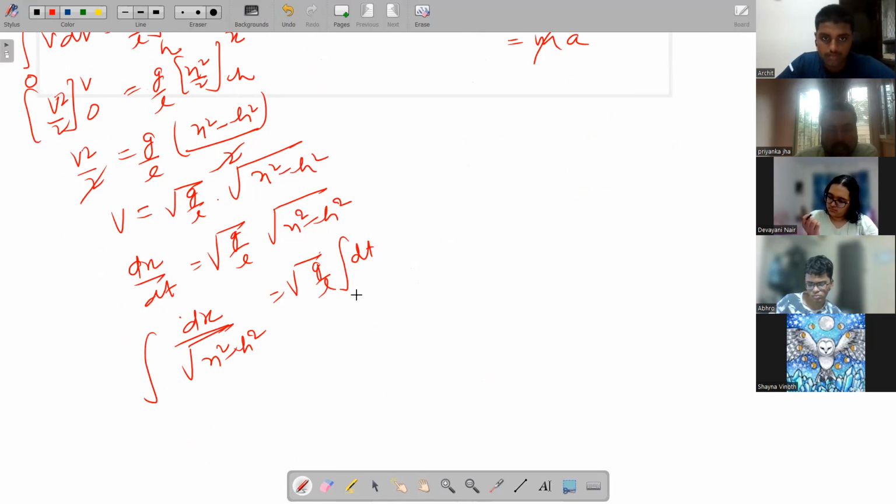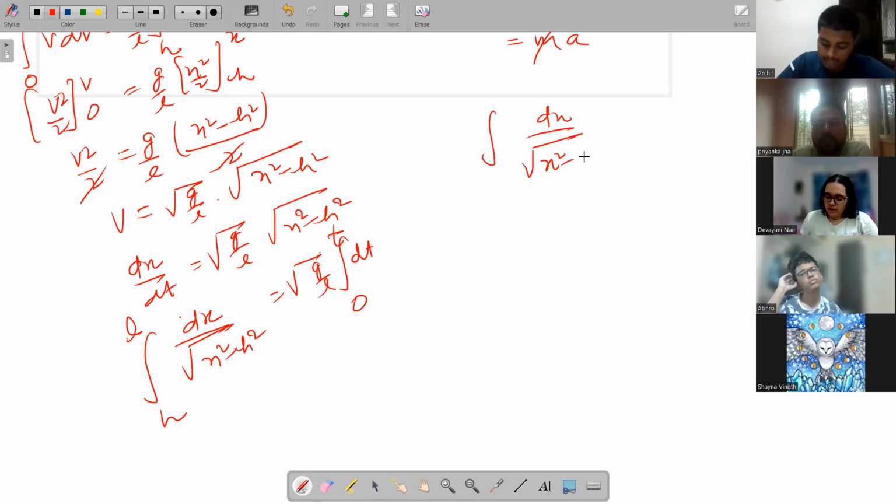Again integrate. At t equal to 0, the value of x was h. At time t, the complete chain will slip, so the value of x will be L, complete, right? So the integration of this, you have to remember, is ln x plus under root x square minus a square.